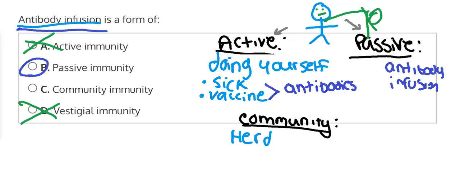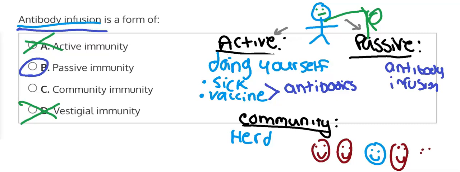Going back to our example of the flu vaccine, let's say that this is our person here, and this person is a child in a classroom. Let's say this child never got sick with the flu and doesn't have the vaccine against the flu. However, in their classroom, they have a few friends, and all of these other students have the flu vaccine, or maybe they had the flu themselves and have an immunity themselves.